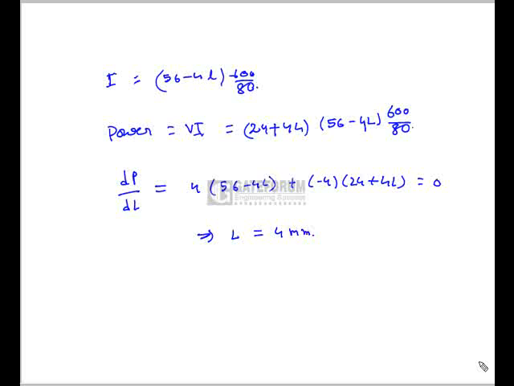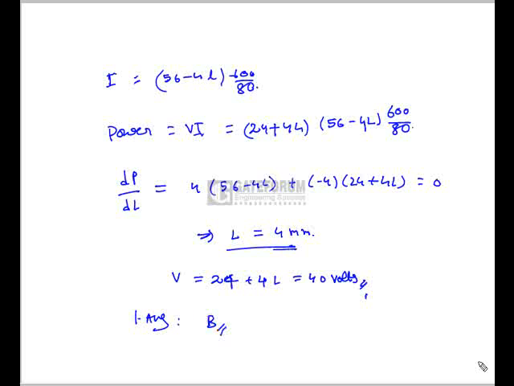Now substitute this value in the arc characteristic formula, V equal to 24 plus 4L, which is equal to 40 volts. So L is the optimum arc length, this is the first question's answer, and the correct option is B.